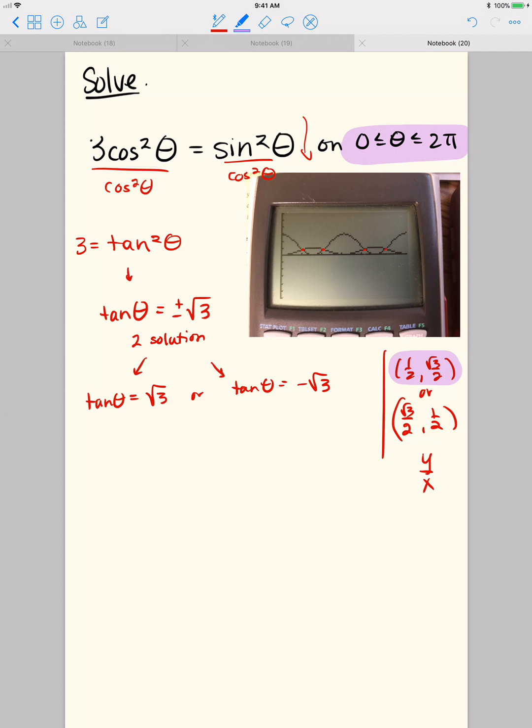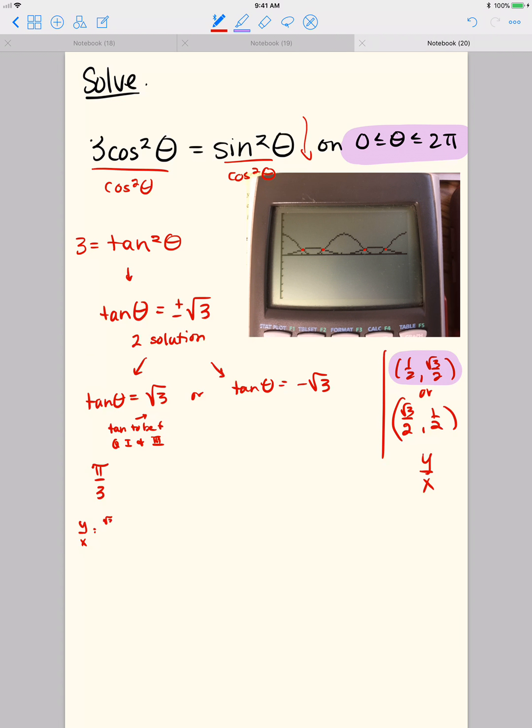But to begin with, we need our tangent ratio to be positive. That happens in quadrants 1 and 3, because in quadrant 3 they're both negative. So in quadrant 1, where I can get a tangent ratio of square root of 3 is at pi over 3, because again I'm putting y over x.